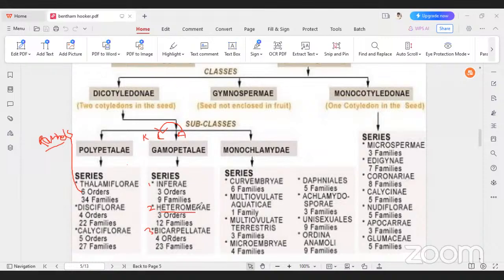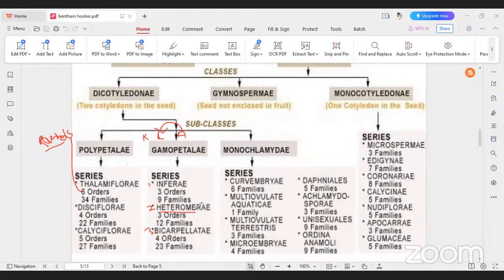Sorry, Heteromerae, how many families? Heteromerae, three orders, total families 12.